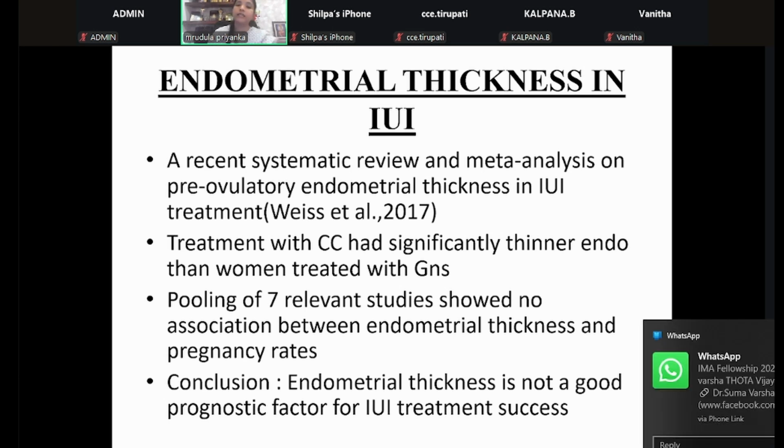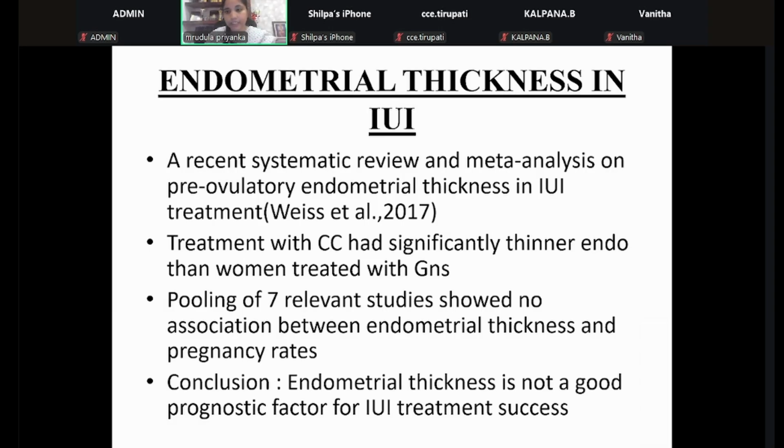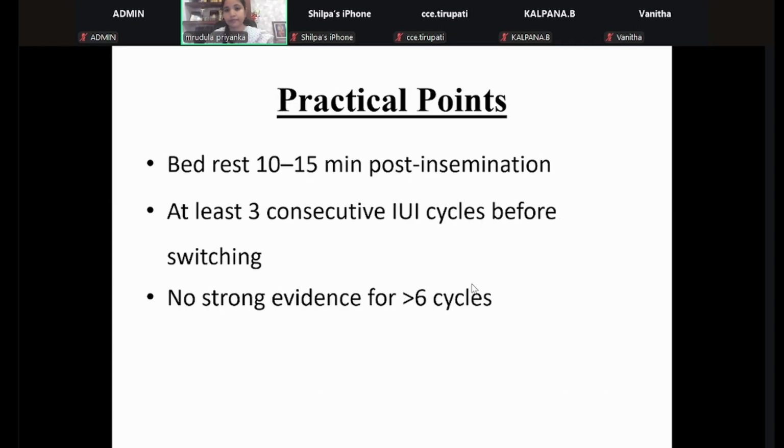They saw that the endometrial thickness is less in the clomiphene citrate cycle when compared to gonadotropins, but for pregnancy rates there was no statistical significance or difference, which concluded that the endometrial thickness is not a good prognostic factor for IUI treatment success.